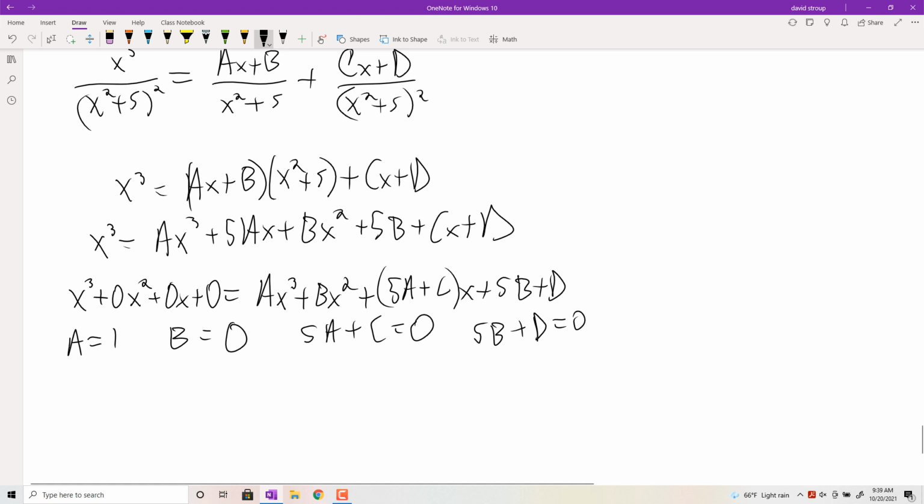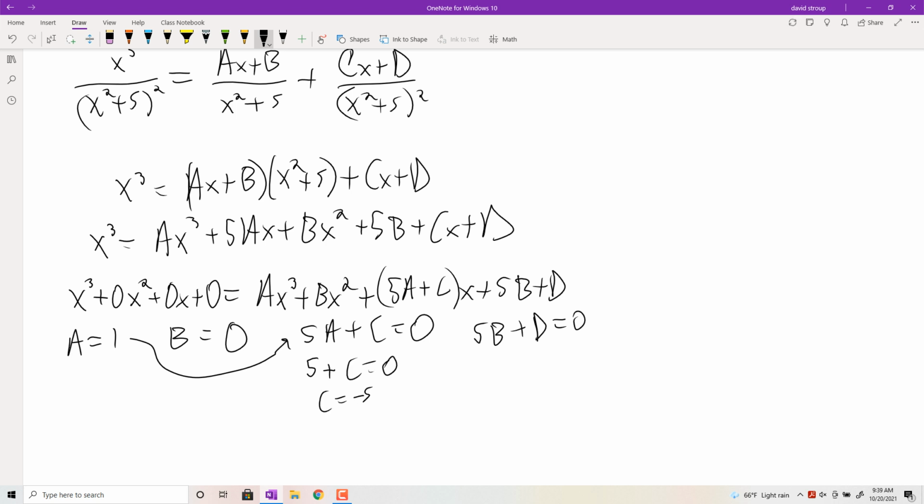So for this third part, you could substitute in 1 for a, so that 5 plus c is 0, so c is negative 5. Plugging in 0 for b here, d must just equal 0. Okay?